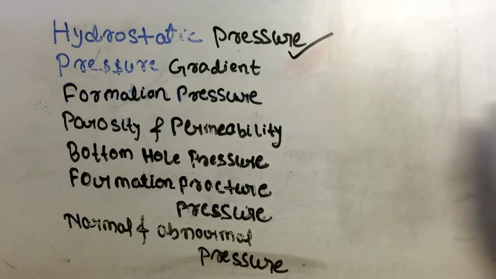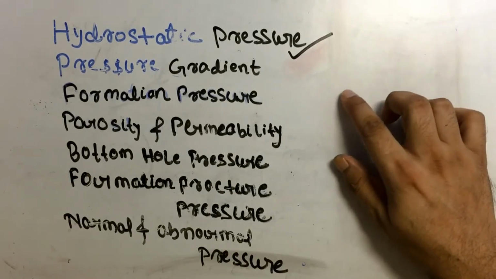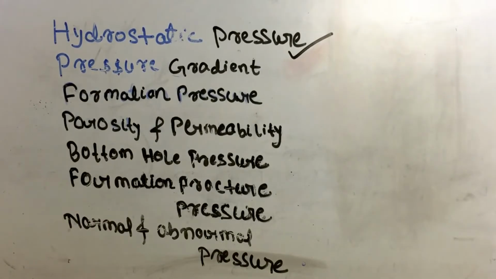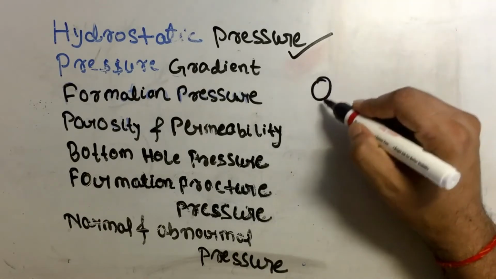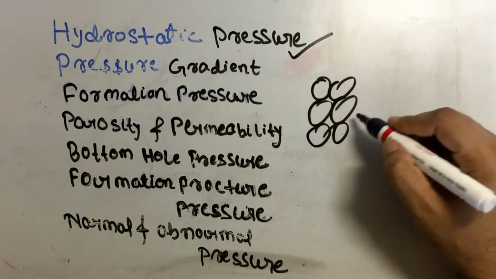Porosity and permeability are two primary factors that control the storage and movement of fluid in the rock of the formation. Understood? I have already drawn the picture showing the pores. Porosity represents the storage capacity of the rock, meaning the size of the space between the grains.